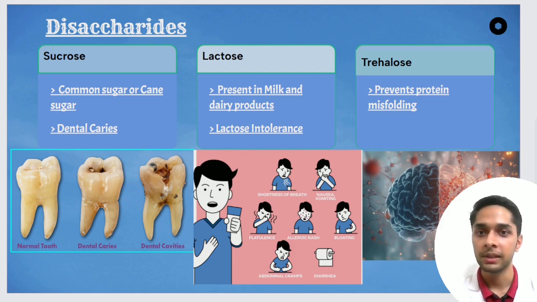Lactose is present in milk and dairy products, and you must have heard about lactose intolerance, a condition which renders one unable to digest lactose, and it can express itself in the form of symptoms like an anaphylaxis reaction. Trehalose prevents protein misfolding, so it is a protective sugar present within the body.